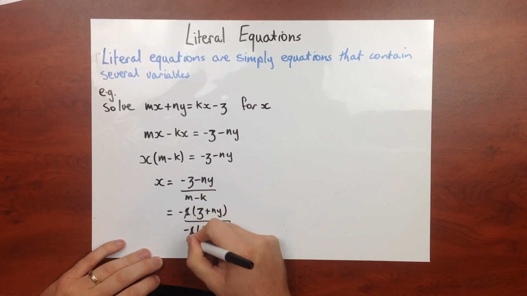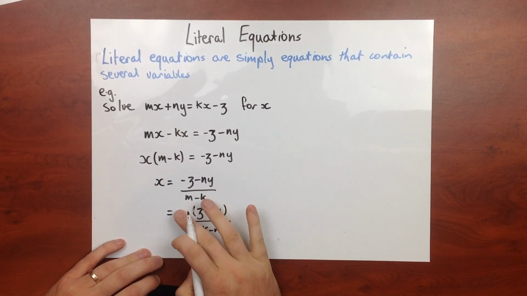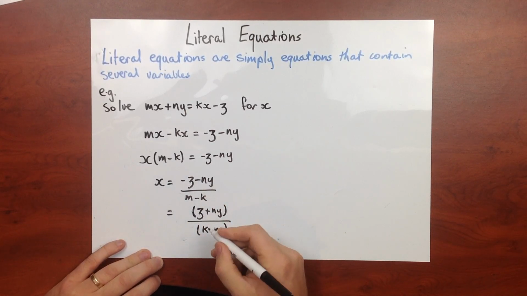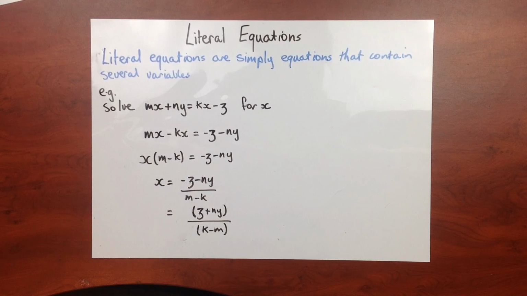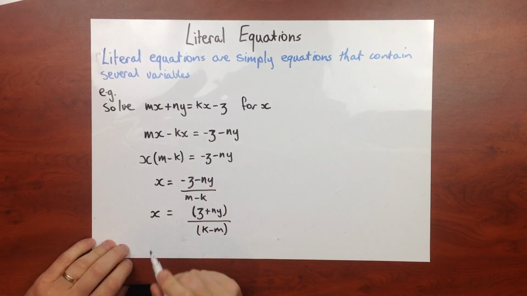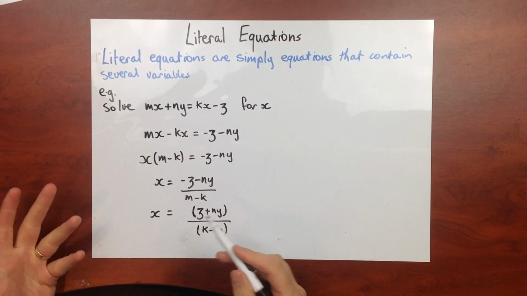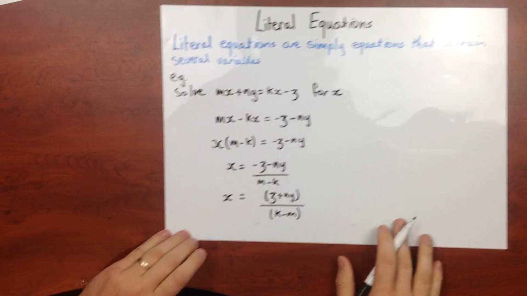Those negatives cancel out, so I can simply have it as z plus ny on k minus m, and that's what x would equal. Can't do anything more than that unless we're given values for any of these other variables.